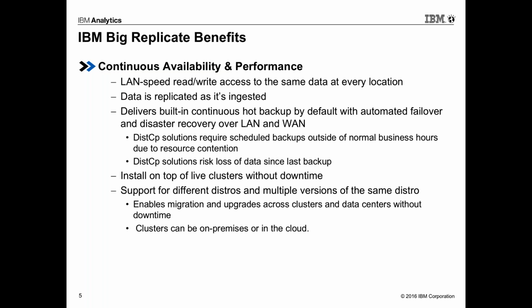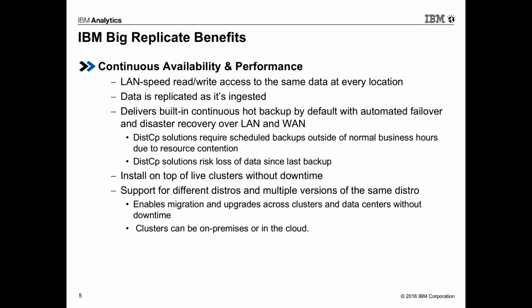So, for example, you could have IBM BigInsights 4.1, 4.2 mixed in the replication that participates in the replication. You can even mix that with some of the other distributions from other vendors, such as Cloudera and Hortonworks.